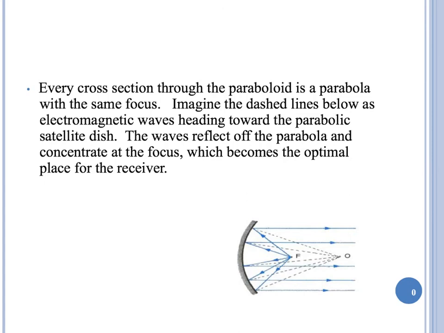So that focus will get the best intensity, the highest intensity of all those TV signals that are being sent through the airwaves. So if you look at a house, those satellite TV dishes always seem to be stuck on the front of someone's house because they're trying to get the best signal. They're really trying to maximize where that focus is located.